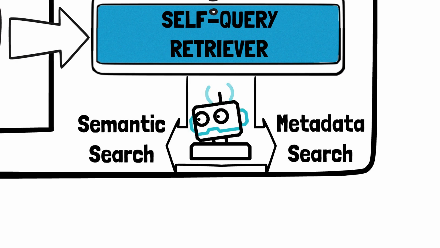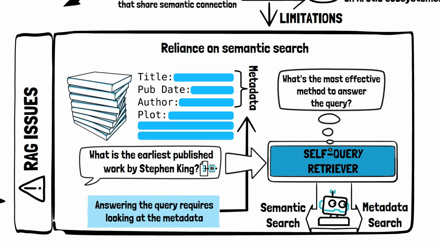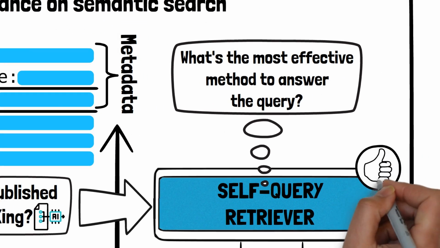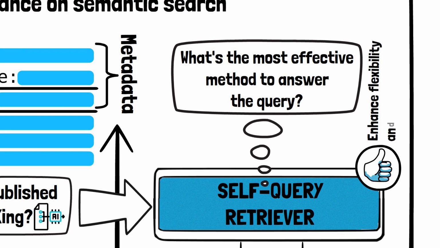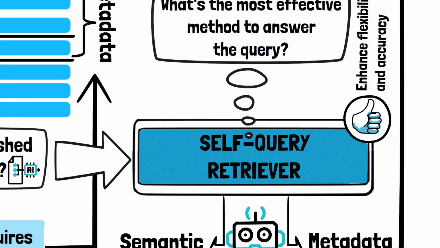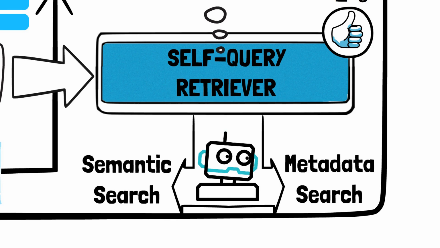In the case of the Stephen King query, the system will recognize the need to access the metadata detailing book release dates rather than searching through plot summaries. This self-query mechanism enhances the flexibility and accuracy of RAG systems, enabling them to adapt their retrieval strategy based on the query's requirements.